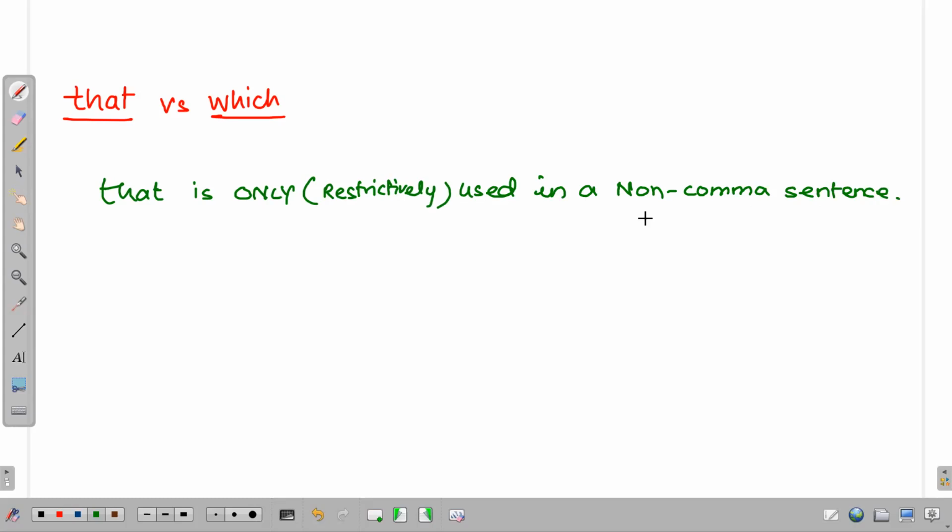So I'm just boiling it down to comma and non-comma sentence. I should technically say the restrictive and non-restrictive usage, but I know that doesn't sound good because you'll have to put so much pressure on your mind to remember which was which. So just remember, whenever we use it non-restrictively, we'll separate it with a comma. So which is preferably used with a comma sentence.